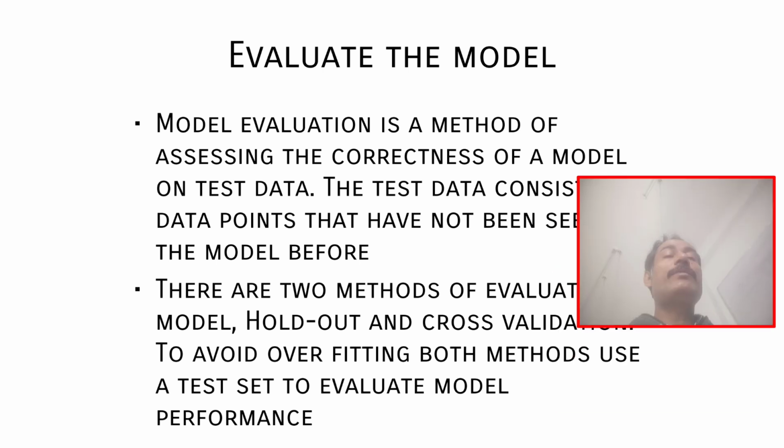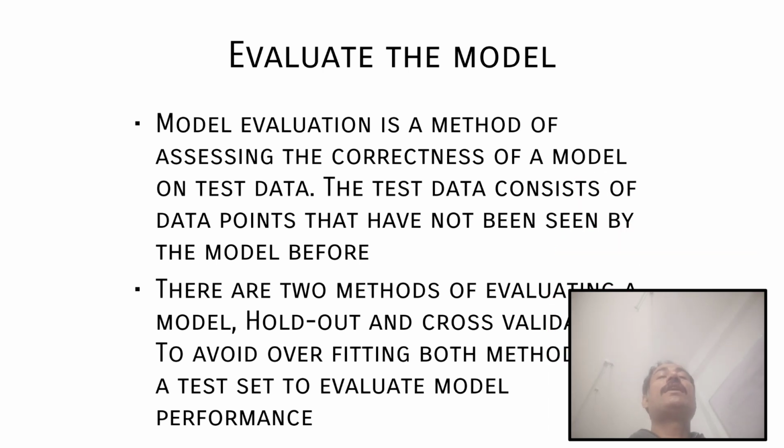Evaluate the model. Basically, this is the testing phase. Whatever data is available with us, we split the data into two parts. The first part is used for training purposes and the rest is used for testing purposes. That is, to check whether the generated model is able to predict unseen cases accurately.